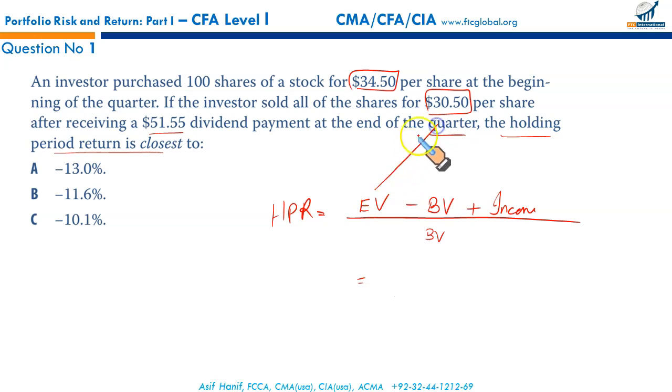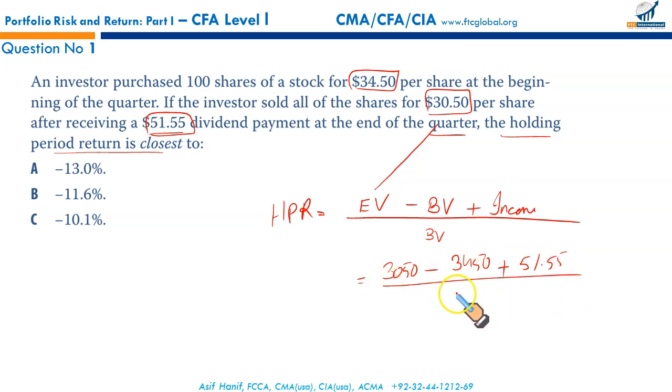So, ending value was 30.5 times 100, that is 3050. The beginning value was 34.50 times 100, that is 3450. And the income that we have earned over the period, clearly 51.55, is the total dividend payment over the quarter, not on a per share basis, and then divided by the beginning value, which is 3450.